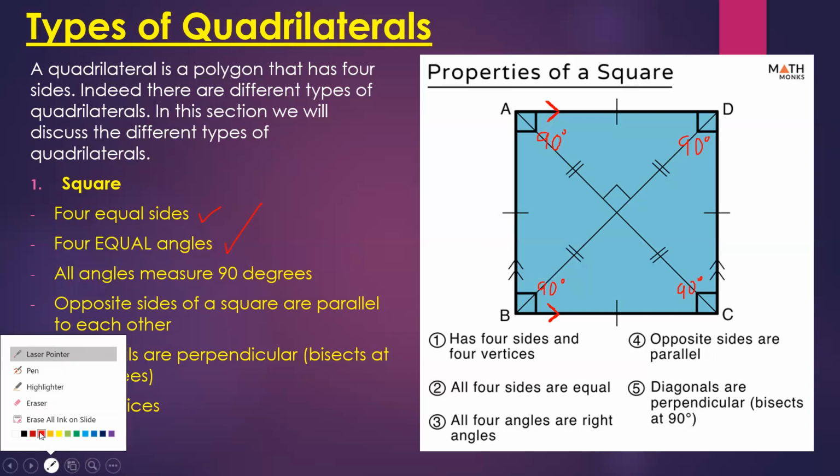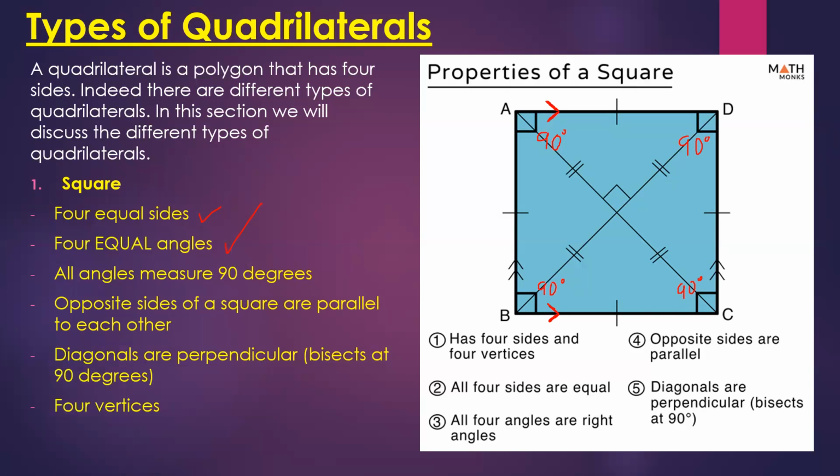So how about this arrow? This arrow indicates that those two opposite sides are parallel to each other.